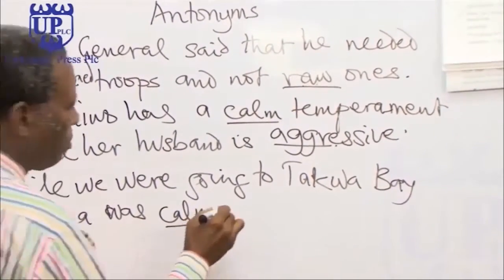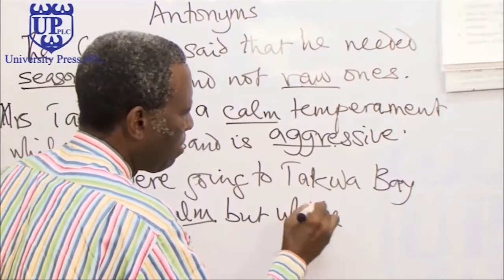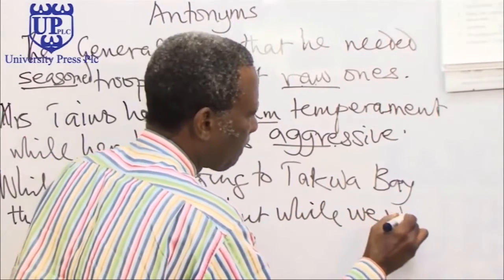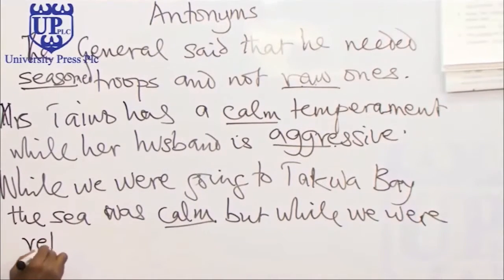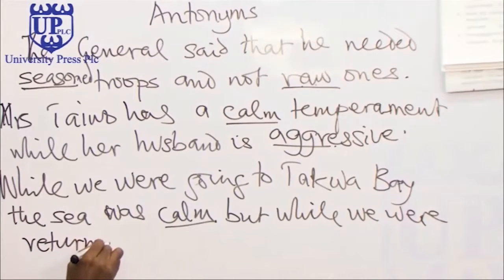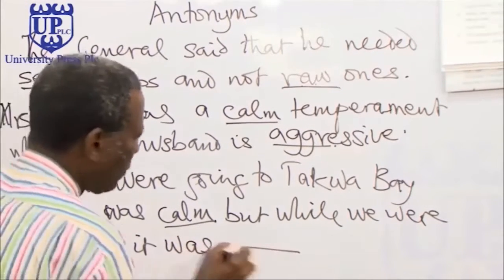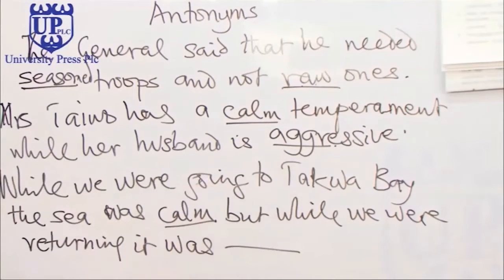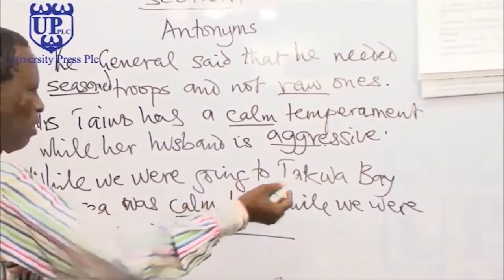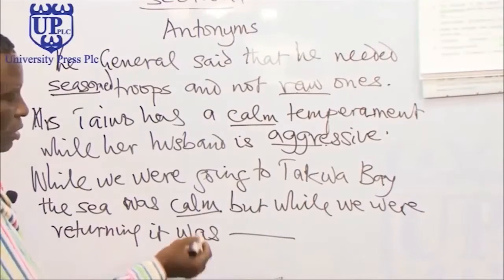But while we were returning, it was dash, and what is the opposite of calm here? Will you say, can it be aggressive here? Of course not. The sea cannot be aggressive. So here, while we were going to Takwa Bay, the sea was calm, but while we were returning, it was what? Turbulent.